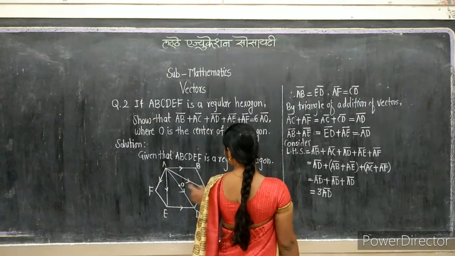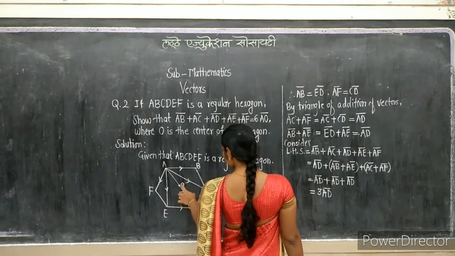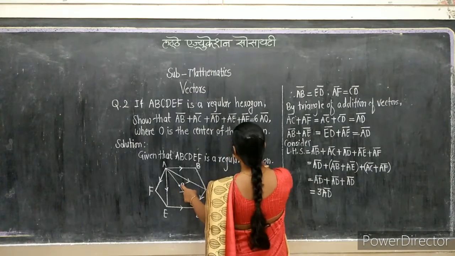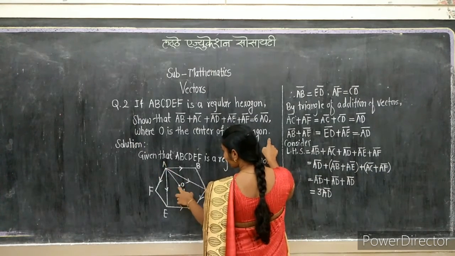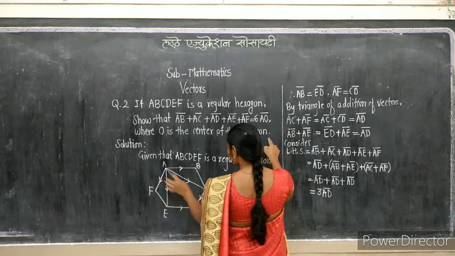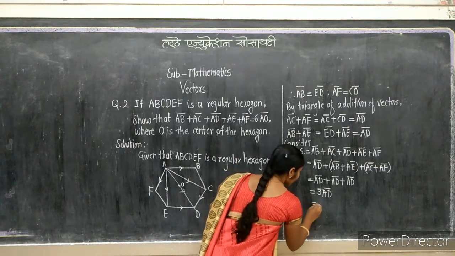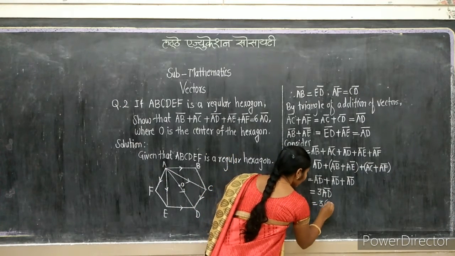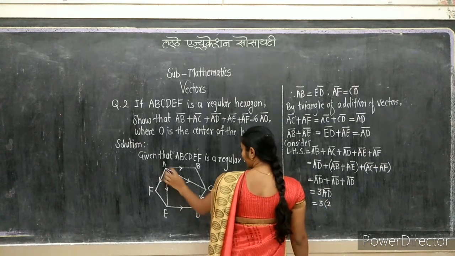But O is the center of the hexagon, that is O is the midpoint of AD, so AD can be written as 2 times AO bar.